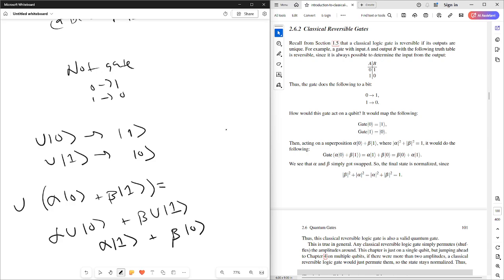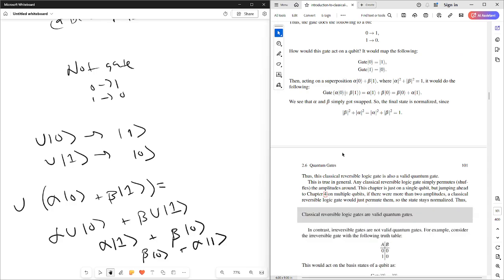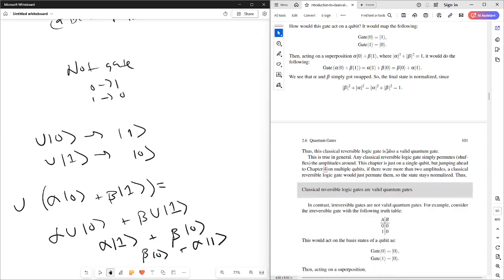And basically, we have flipped the amplitudes. The final states are also still normalized. So up here, this state was already normalized. Alpha squared plus beta squared equals 1. It's still normalized. Therefore, this U gate that reverses, it's a valid quantum gate.